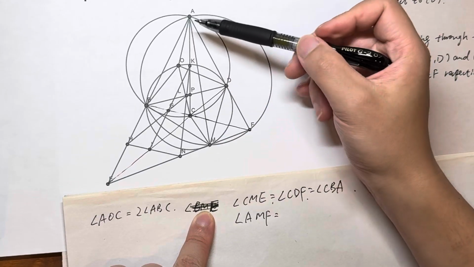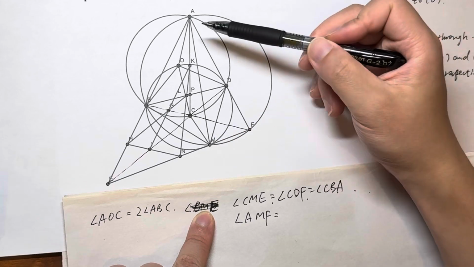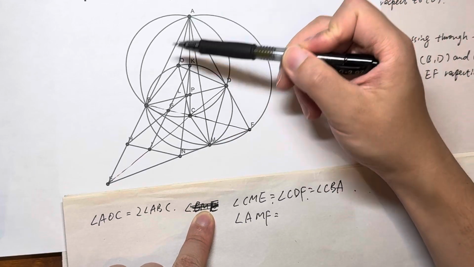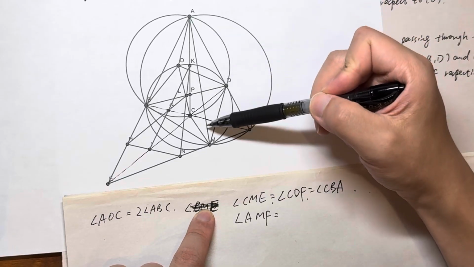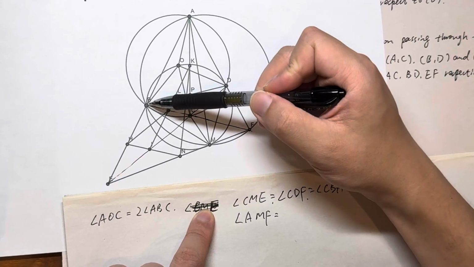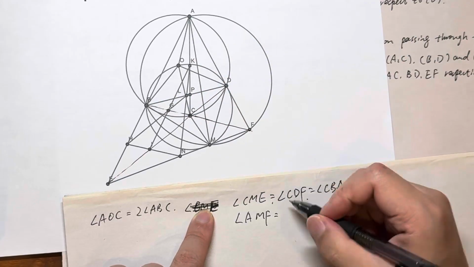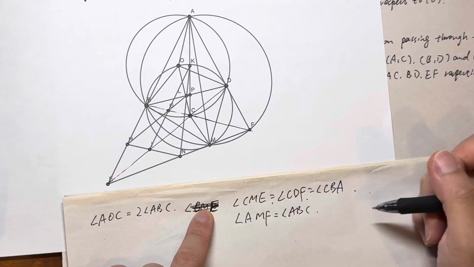Now because ABMF are cyclic, angle AMF equals angle ABF, which is angle ABC, right? So CBA is angle ABC.